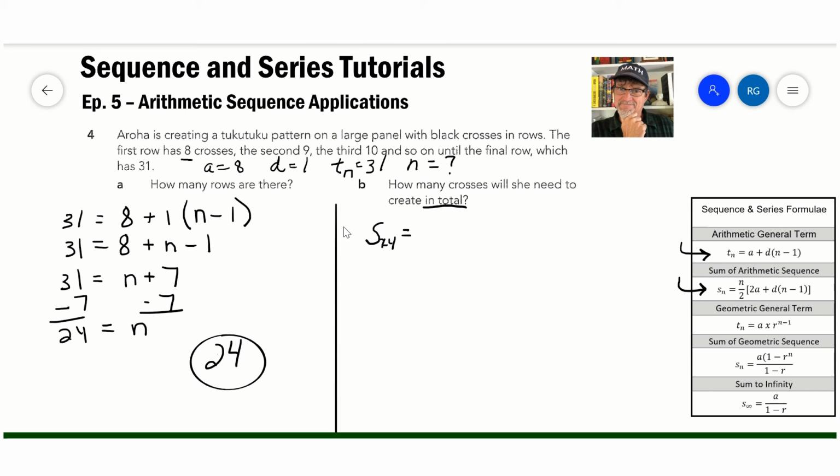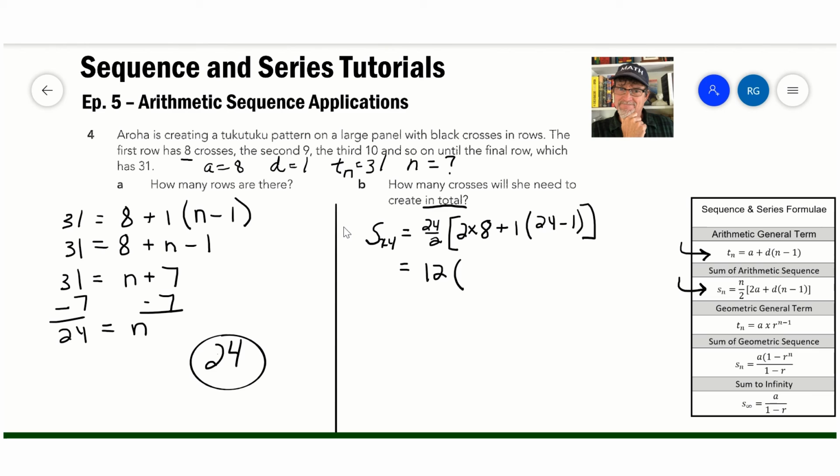And then n, that's 24 over 2. And then we've got a bracket. And then we've got 2 times A, which is 8, and plus D. And then we're going to do n, which is 24, minus 1. Okay. 24 over 2, that's just 12.